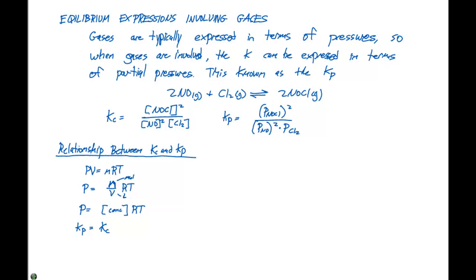Here, we then can multiply this by RT, and the relationship here happens to be between the delta n, or the difference in the number of moles, and this delta n right here is going to be the difference in stoichiometry of gaseous reactants and products.